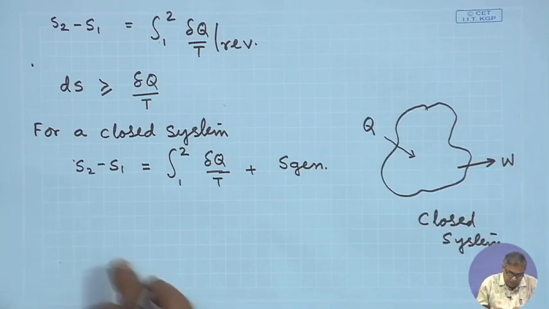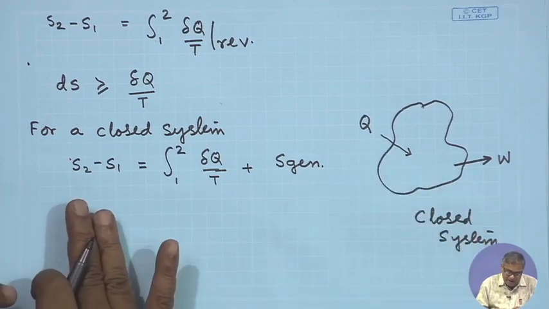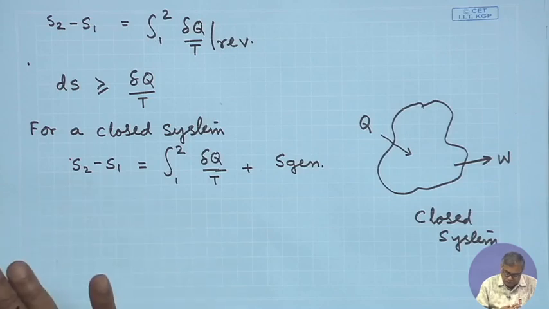Okay. So, for a closed system like this, we can write the entropy balance equation S2 minus S1.